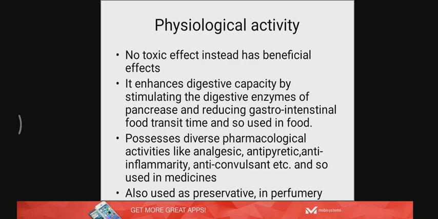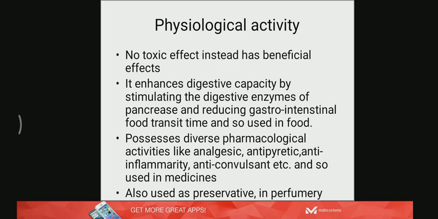You know, in our daily life, pepper is used. It's an important, essential ingredient in the kitchen. So why? It enhances digestive capacity by stimulating the digestive enzymes of the pancreas and reducing gastrointestinal food transit time. And so it is used in food. In all dishes we put some pepper.